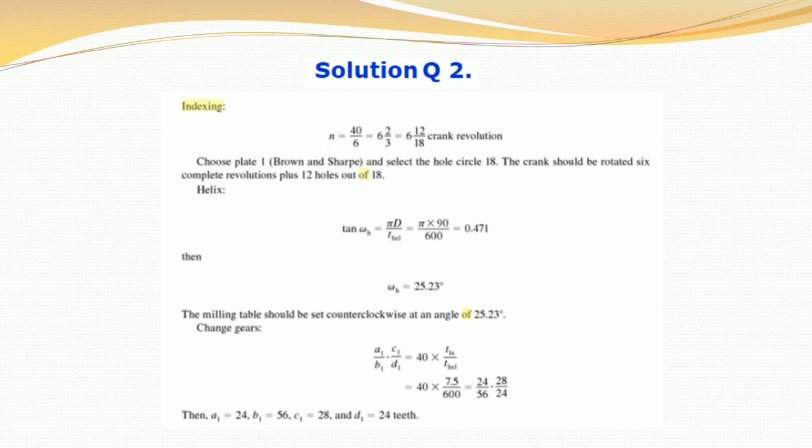That means 40 multiplied by 7.5 divided by 600, because P_LS is equal to 7.5 and P_helix is equal to 600. And we can write for this 24 by 56 multiplied by 28 by 24. Then A1 is equal to 24, B1 is equal to 56, C1 is equal to 28 and D1 is equal to 24 teeth.